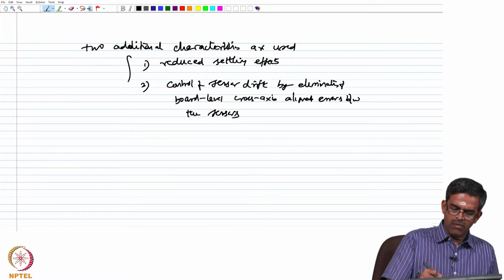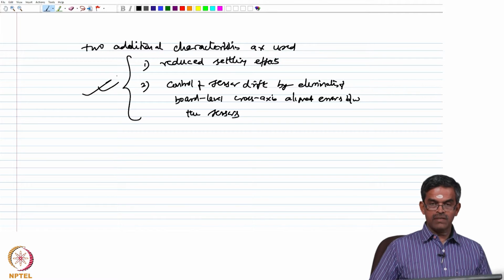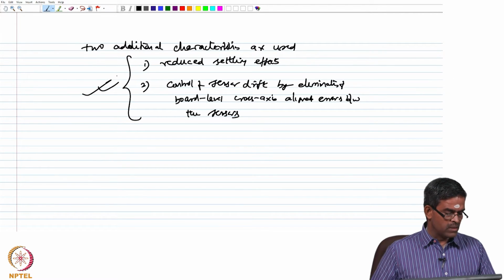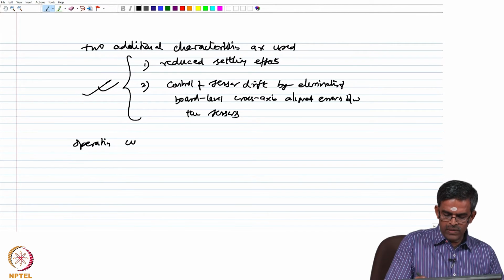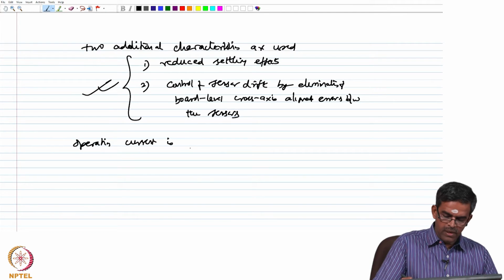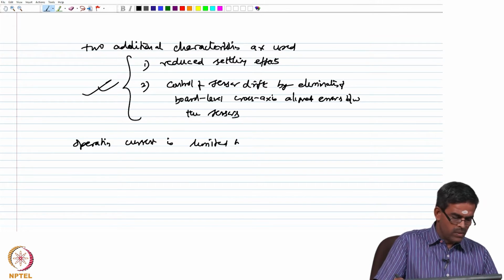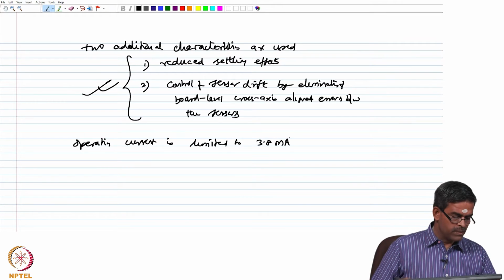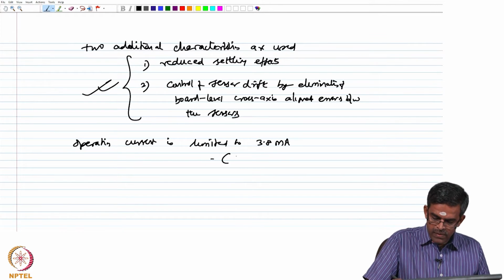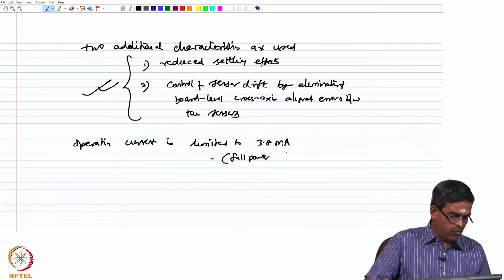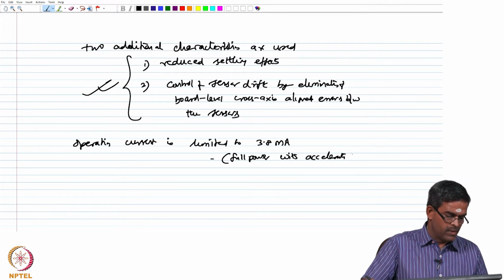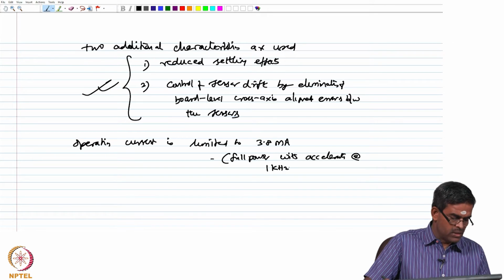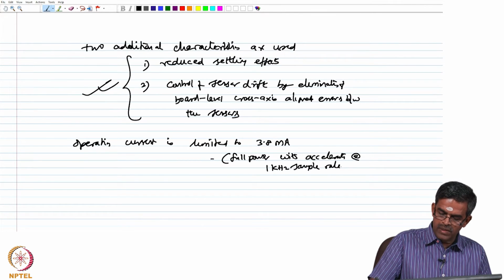So, these are the two additional requirements which we look forward to when we select the MEMS accelerometer and the gyroscope. The operating current of this sensor is limited to 3.8 milliamperes, whereas the full power accelerometer can operate at a 1 kilohertz sample rate. That is the capacity of this accelerometer.